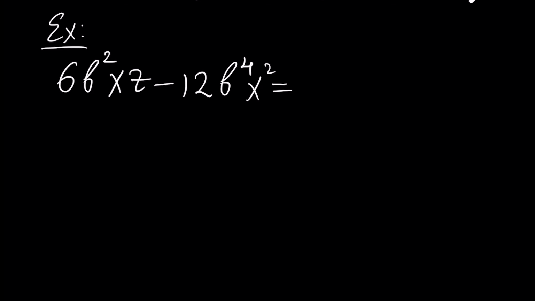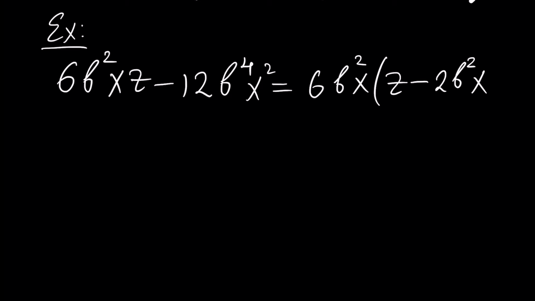We can take 6b squared and x out of this polynomial, and we will have z minus 2b squared x. That's how we represented our polynomial as a multiplication of a monomial and another polynomial.